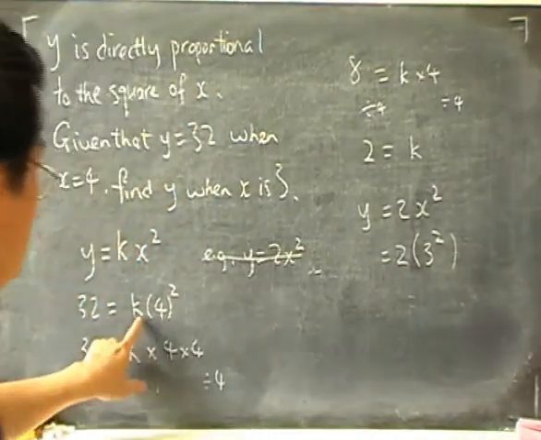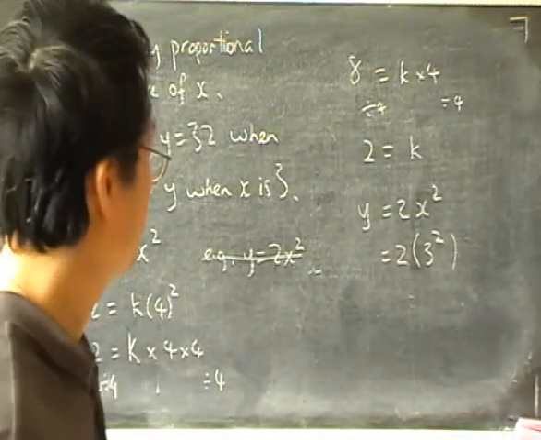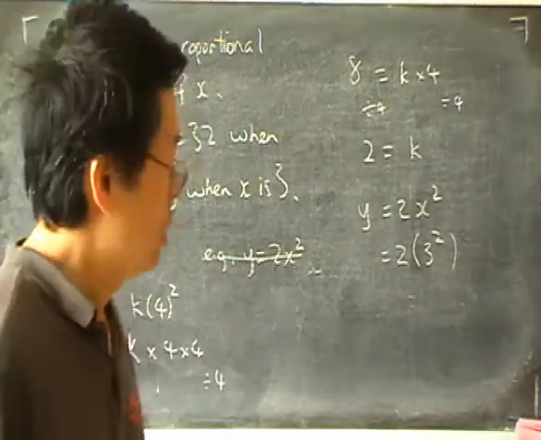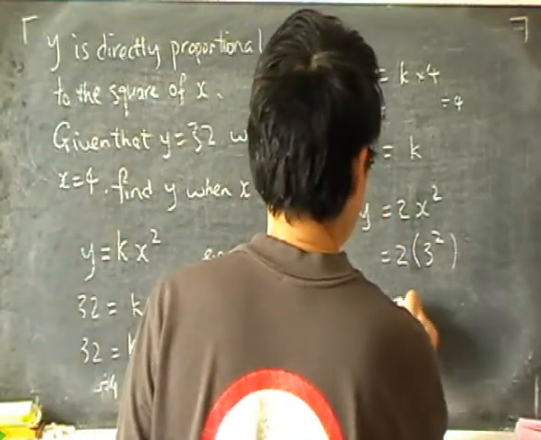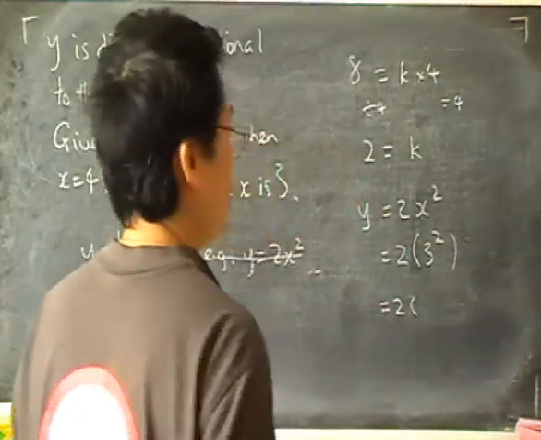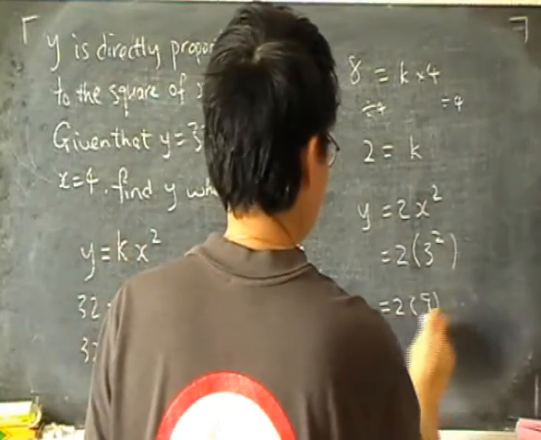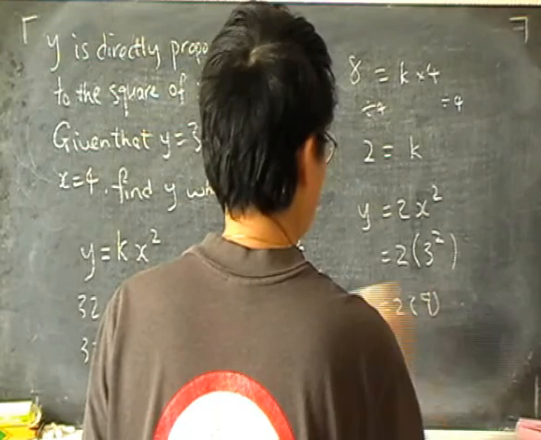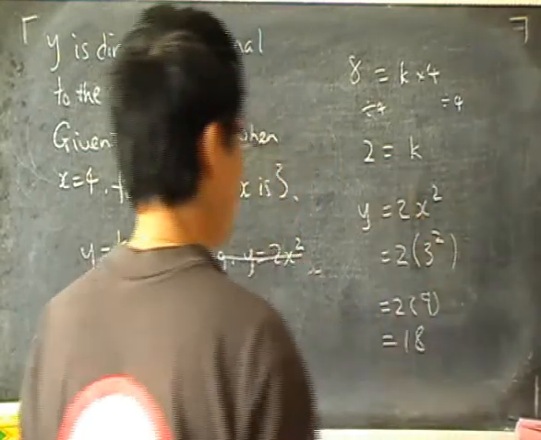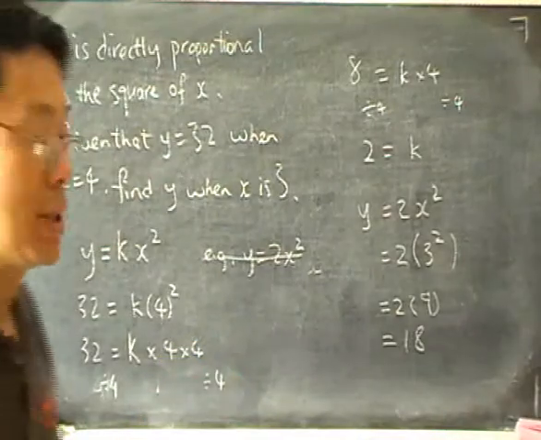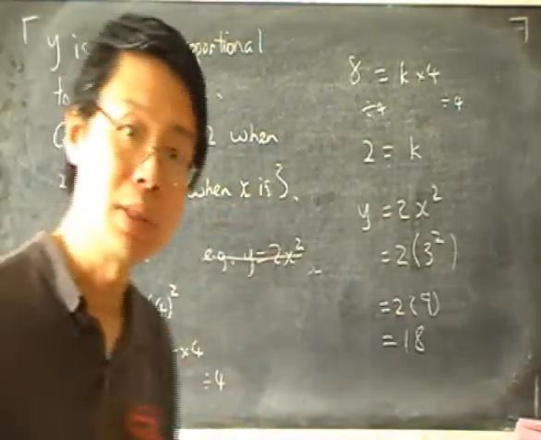Like this. That's k times the bracket. So we must calculate the bracket first. 3 squared is 9. And then 2 times 9 is 18. So that's our final answer. y is 18 when x is 3.